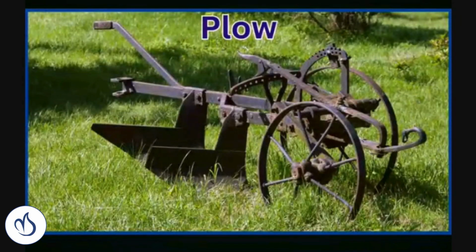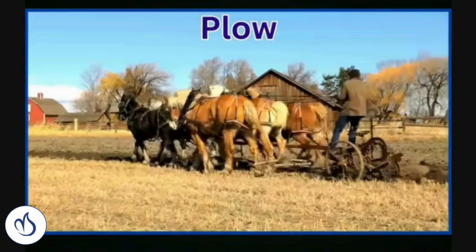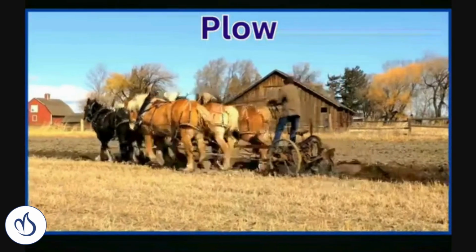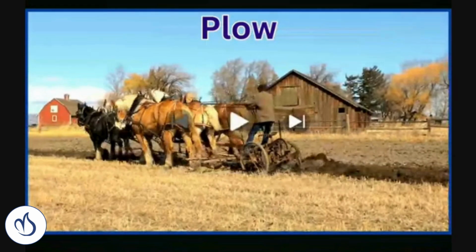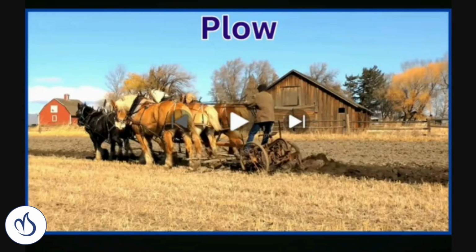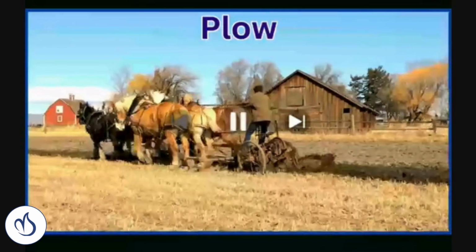Plow. Then another thing, if you want to differentiate now, you see these horses are going to work like our equipment, yeah, because they're the ones that are engineering this local plow, okay?